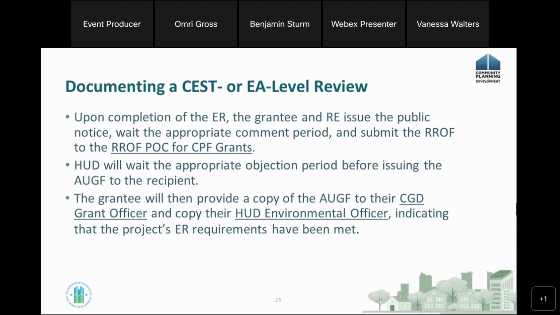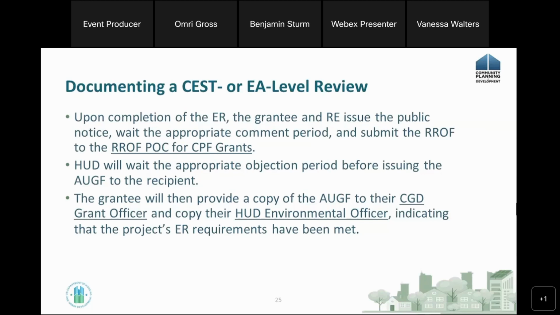HUD will then wait the appropriate objection period before issuing the authority to use grant funds to the responsible entity, who will then share this with the grant recipient if the grant recipient is not the responsible entity. Once the authority to use grant funds has been received, the CPF grantee will need to provide a copy to both their CPD grant officer and the environmental officer.